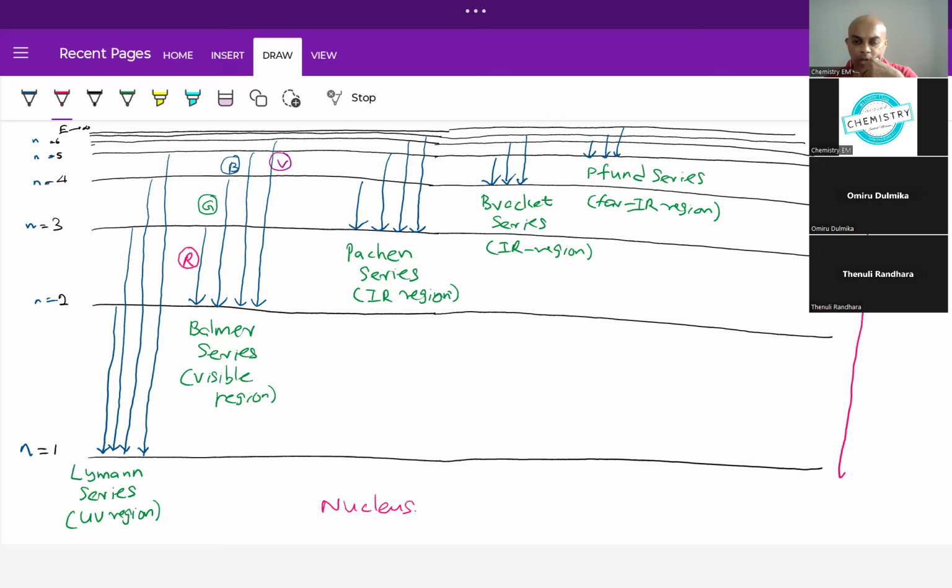Let's write down. The above diagram shows electron transitions of the hydrogen emission spectrum. Next bullet point.